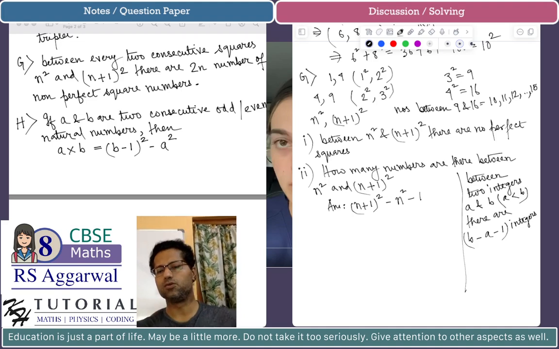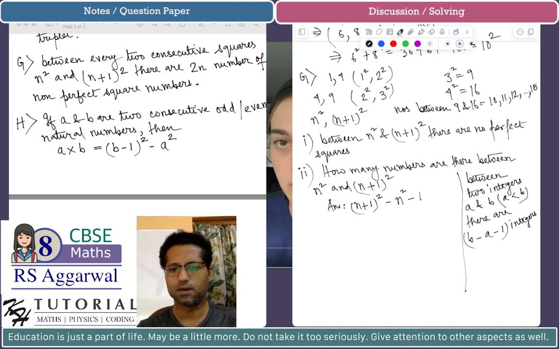That is, all the numbers which are greater than a and less than b: how many integers are there? It is b minus a minus 1. So this is the concept I am applying here.